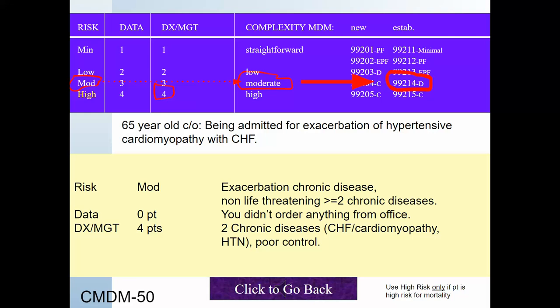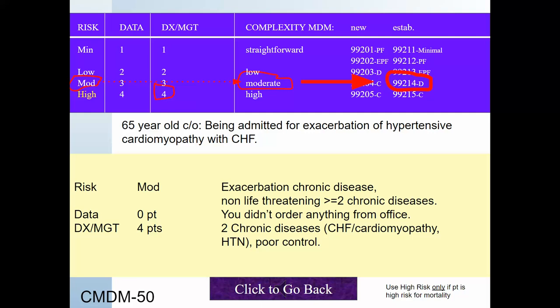So in this example, this patient is being admitted for an exacerbation of the cardiomyopathy, hypertensive cardiomyopathy with congestive heart failure. You could call it an exacerbation of congestive heart failure. It is an exacerbation of a chronic disease, but it's non-life-threatening because we say it's non-life-threatening.